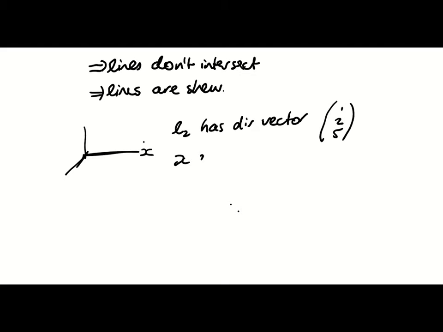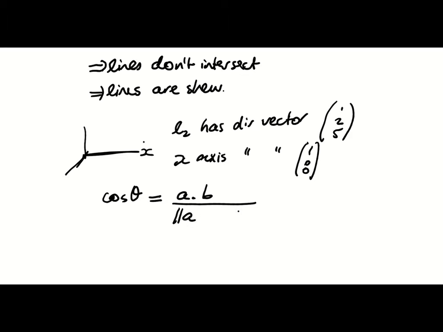The x-axis has got direction vector 1, 0, 0. So the thing we need to remember here is that cos theta, the angle between the two lines, is defined as the dot product divided by the product of the magnitudes.